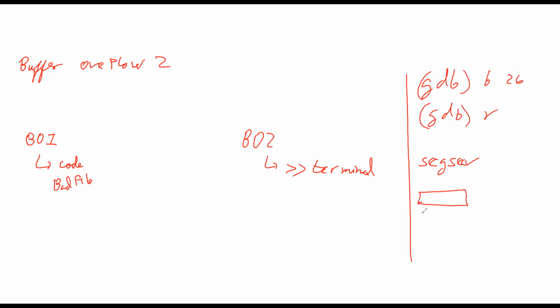Usually, for instance, if you only injected NOPs into the buffer of buffer overflow 1, you would see a bunch of 90s here because you had a bunch of 90s overwrite the return address. I would strongly recommend that you do that as practice for buffer overflow 2.